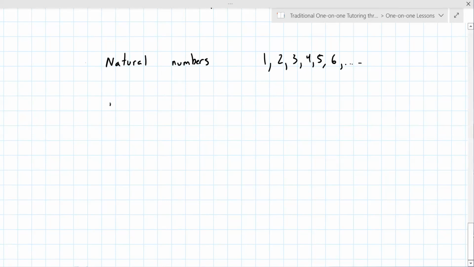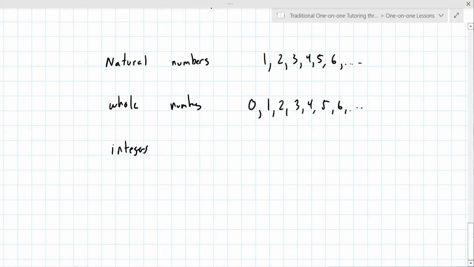Yep. The whole numbers include all the ones we just said and 0: 0, 1, 2, 3, 4, 5, and so on. Now the integers include the negatives of each of these. So it's like -3, -2, -1, 0, 1, 2, and 3. Do you see how every number has an opposite?